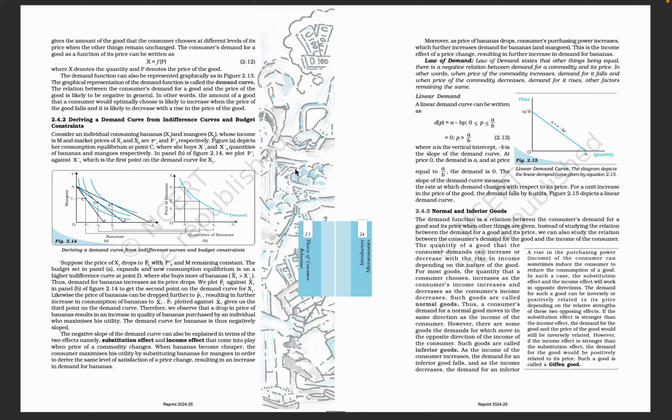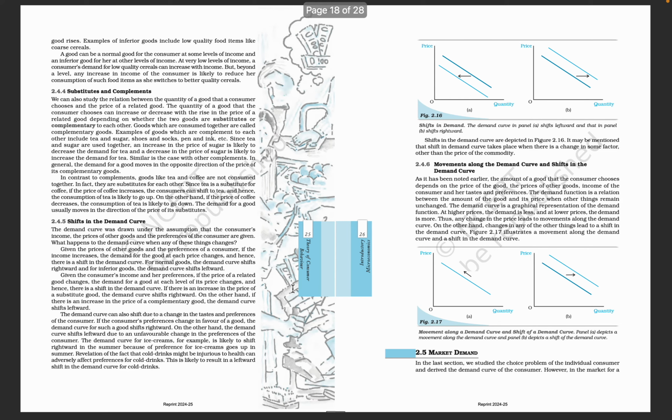Such goods are called inferior goods. As the income of the consumer increases, the demand for an inferior good falls, and as the income decreases, the demand for an inferior good rises. Examples of inferior goods include low-quality food items like coarse cereals.